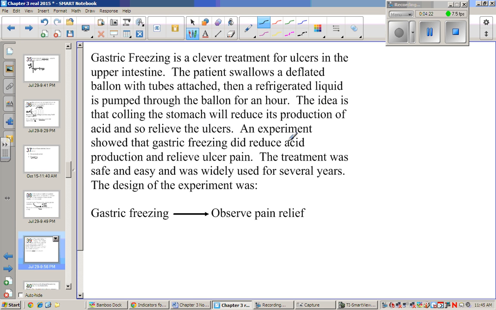This idea of cooling the stomach will reduce the production of acid and so relieve the ulcers. The experiment showed that gastric freezing did reduce acid production and it relieved ulcer pain. So people did this surgery and they're like, well, it works. Everybody's happy. Wonderful. There was one problem with the study.